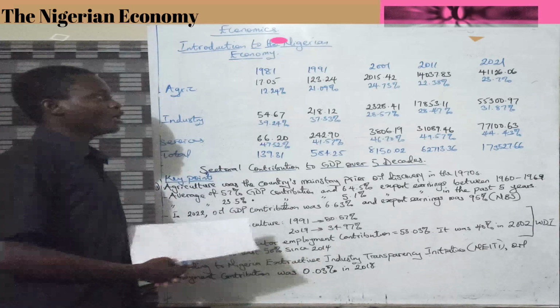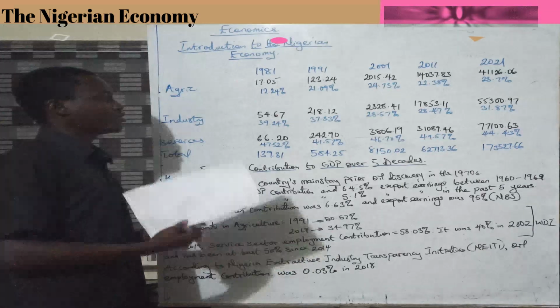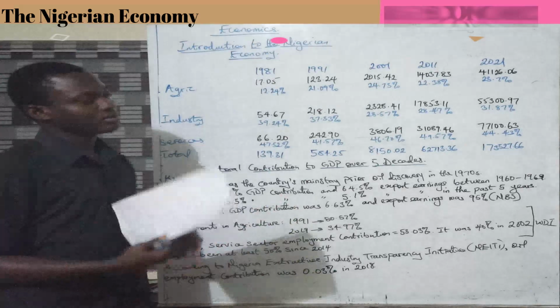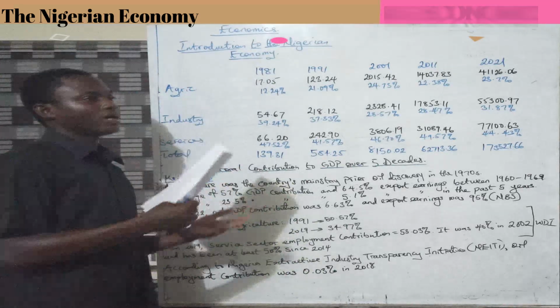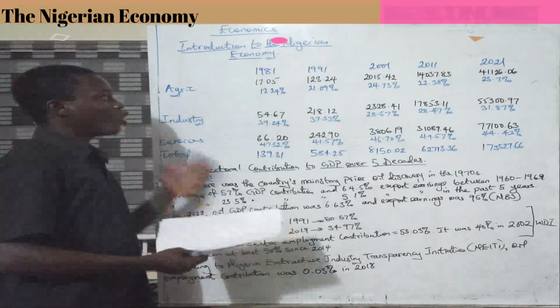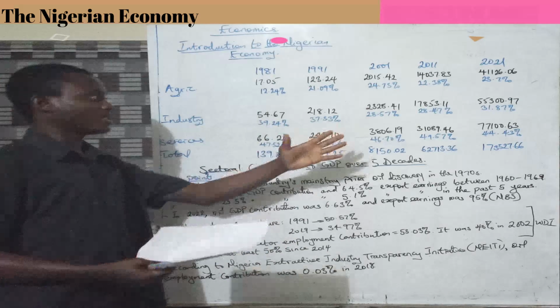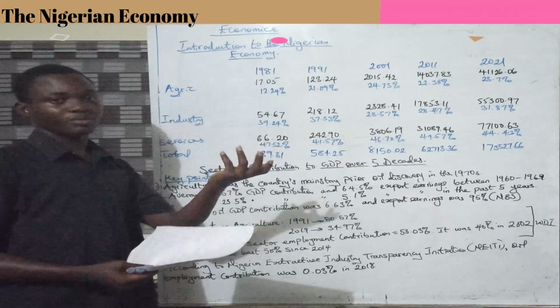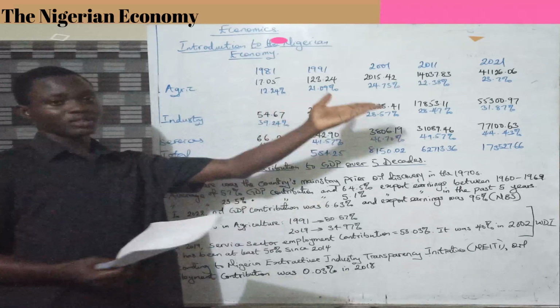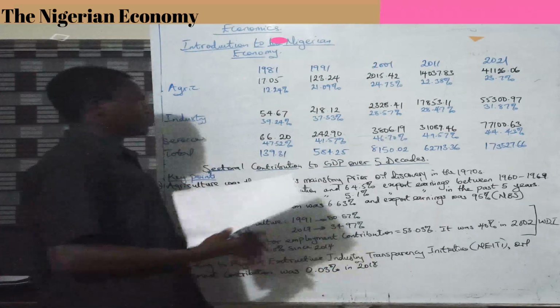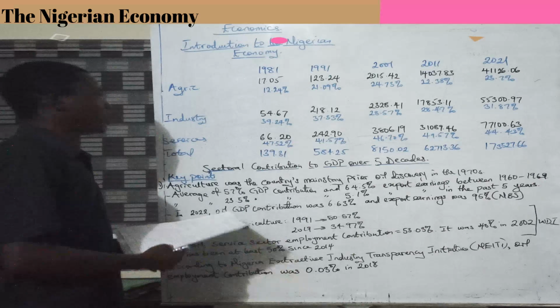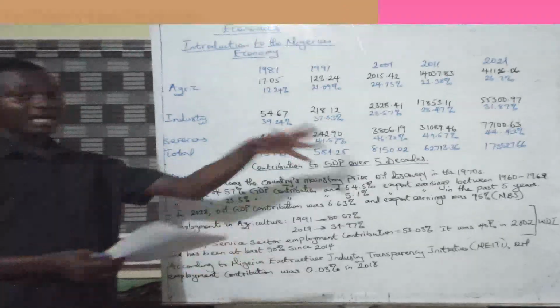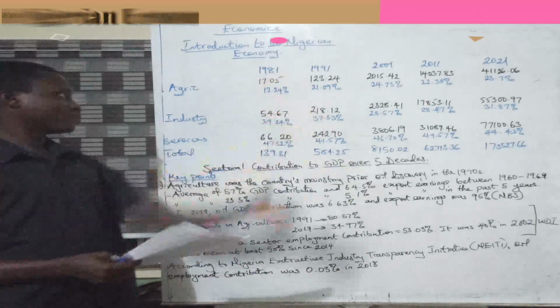So if you calculate it, you can say that the agricultural sector's GDP contribution over 5 decades, starting from 1981, on average was 20%. That's if I've added all of these and divided them by five. About the story on agriculture, I should have done that, but I didn't.